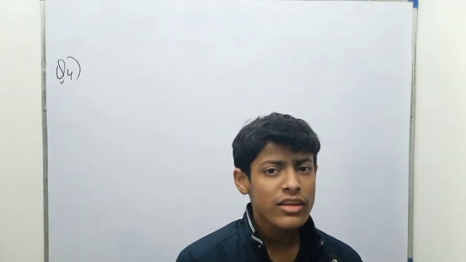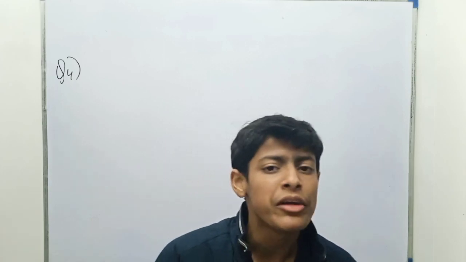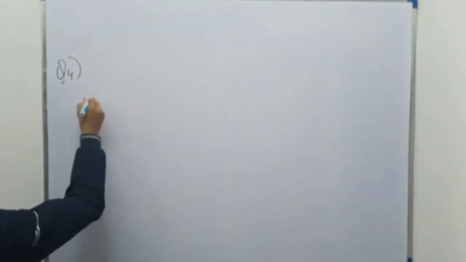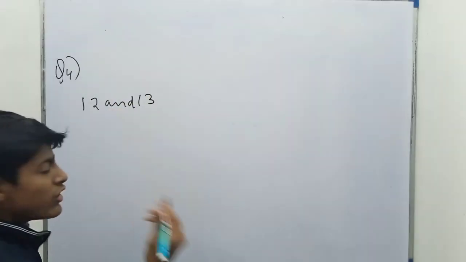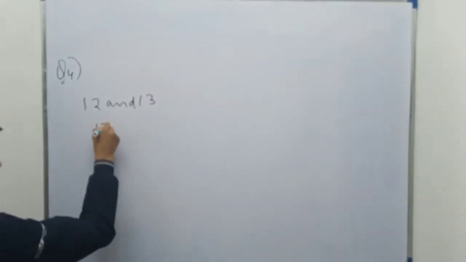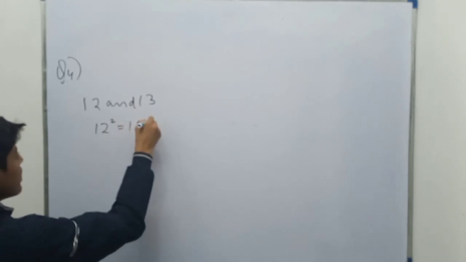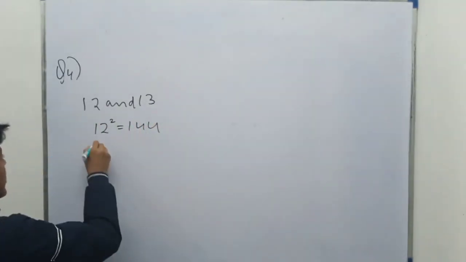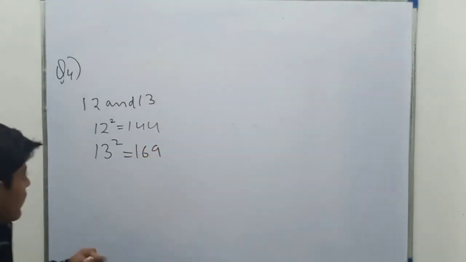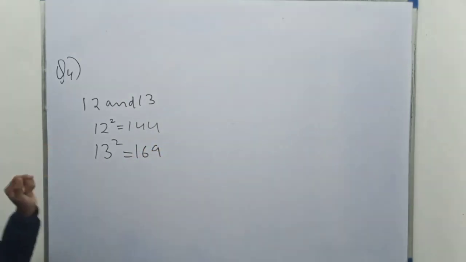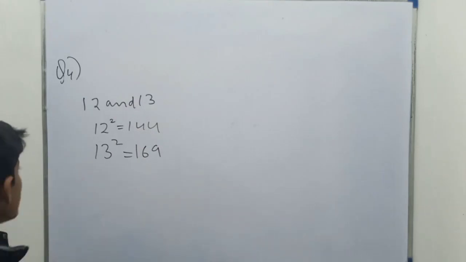Now guys, another question is how many numbers lie between the squares of 12 and 13? Let's find out. The square of 12 is 144, and the square of 13 is 169. We discussed these in the last video, squares, properties and everything, so you can check it out.